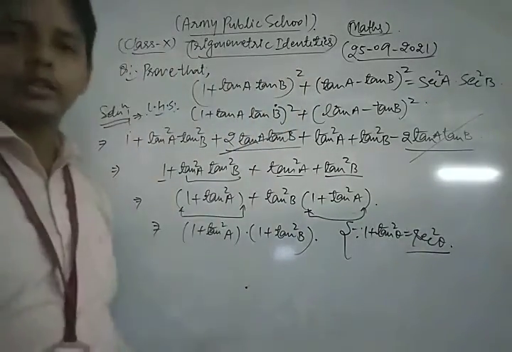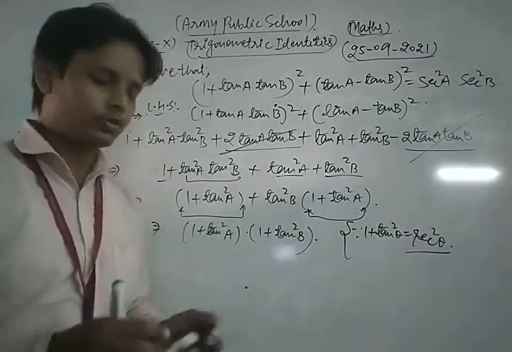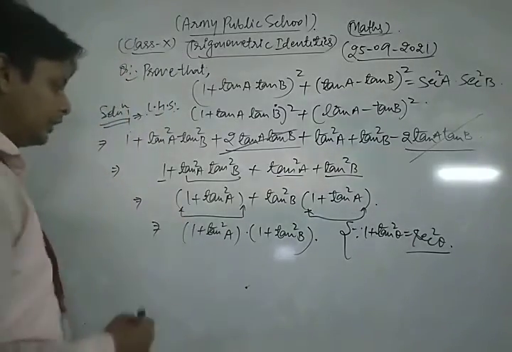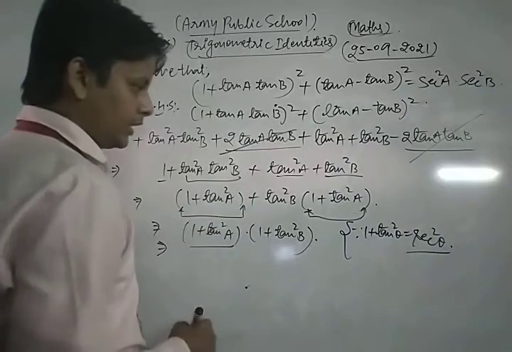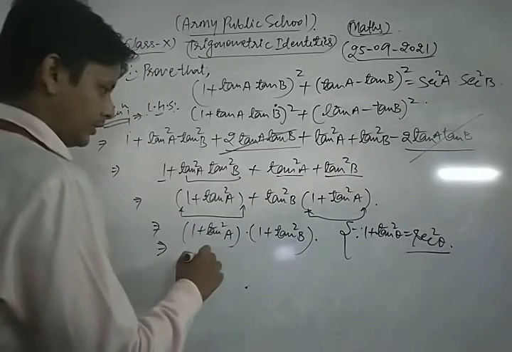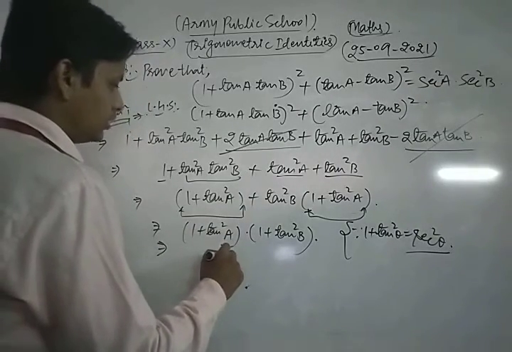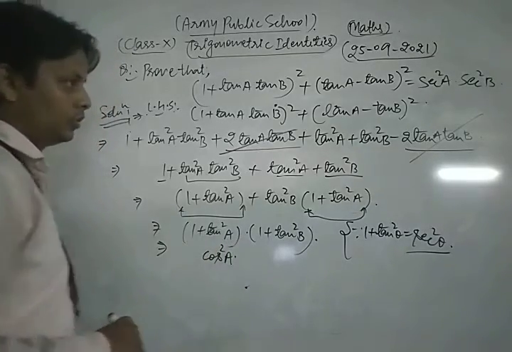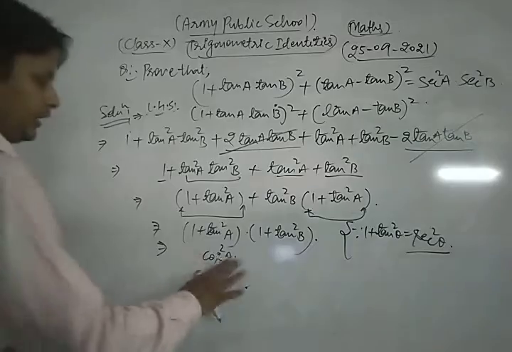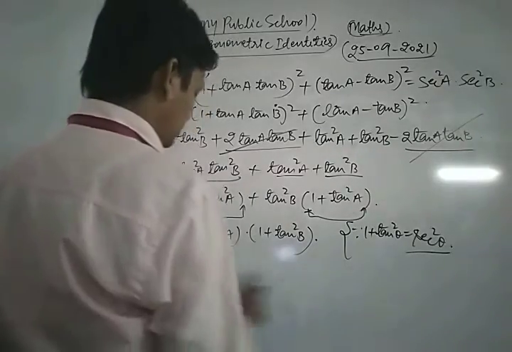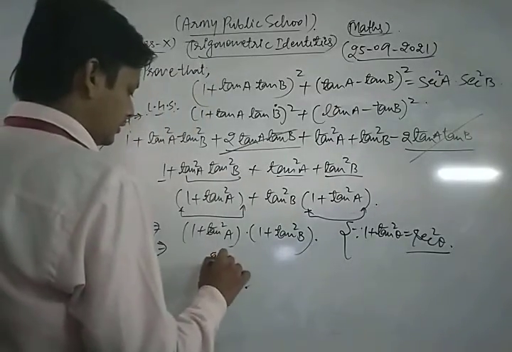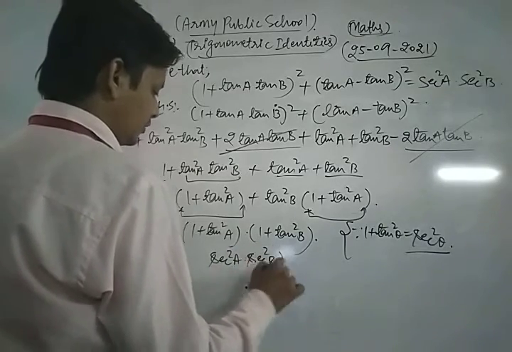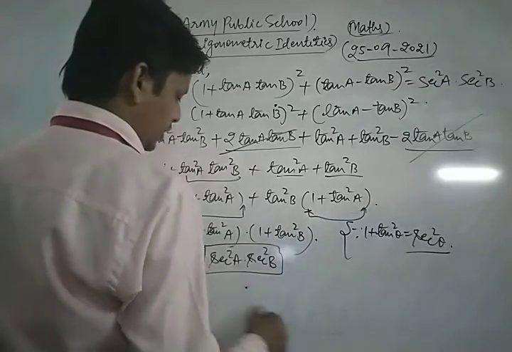This is a very important trigonometric identity. Now here 1 + tan²a we can write as sec²a, because 1 + tan²θ = sec²θ. So here we can write sec²a into sec²b, hence proved.